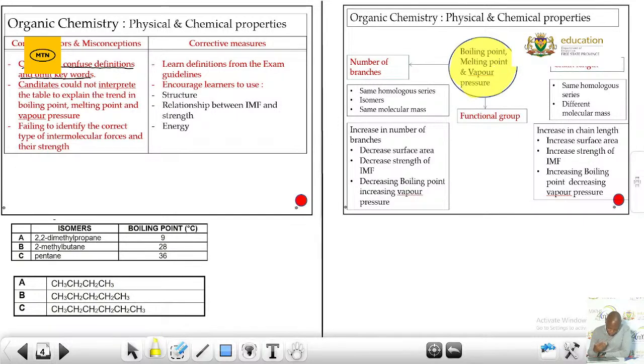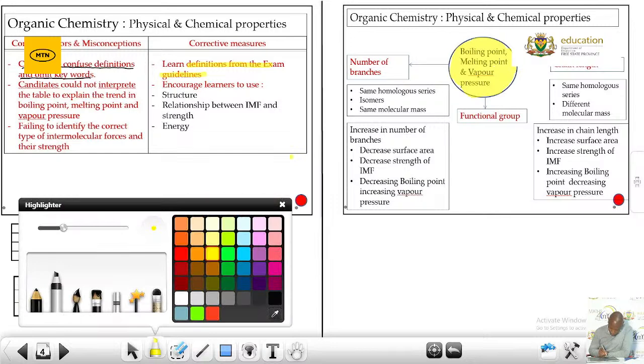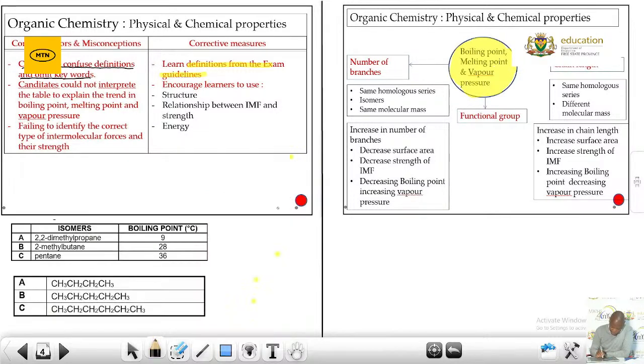So the procedure is still the same, the advice is still the same, that learn your definitions from the exam guideline. But now, when coming to long questions, we need now to compare. It says candidates could not interpret the table to explain the trend in boiling point, melting point, and vapor pressure.